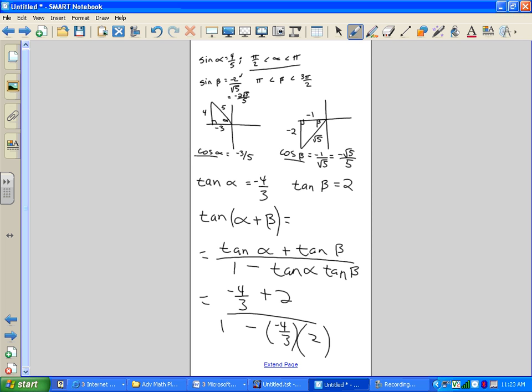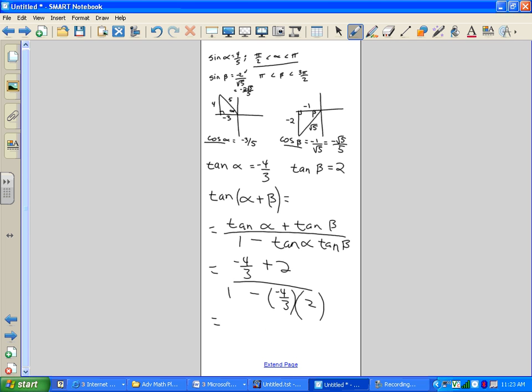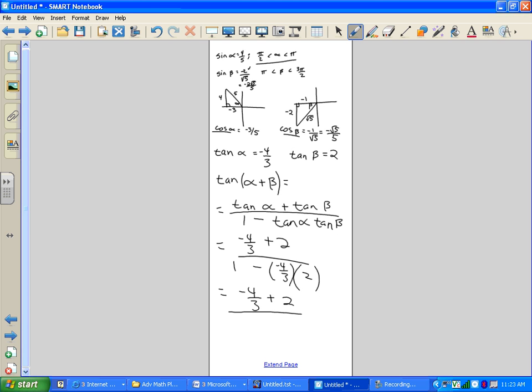Now I'm going to do that multiplication there in the denominator. Ooh, this is getting long. All right, so that would be 1 plus 8/3.